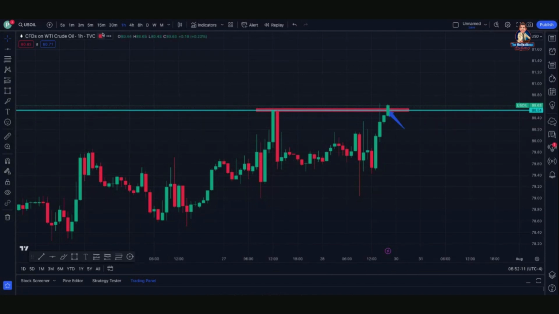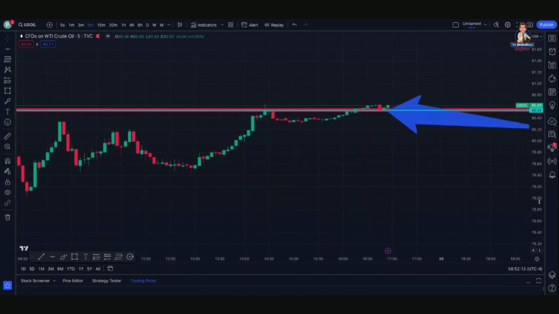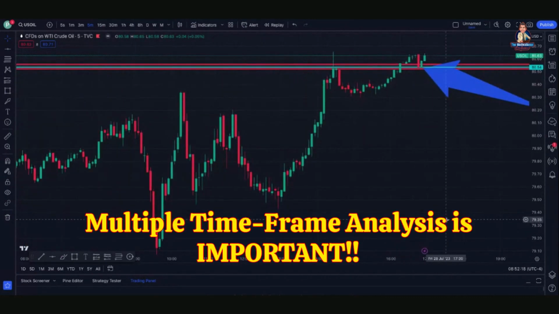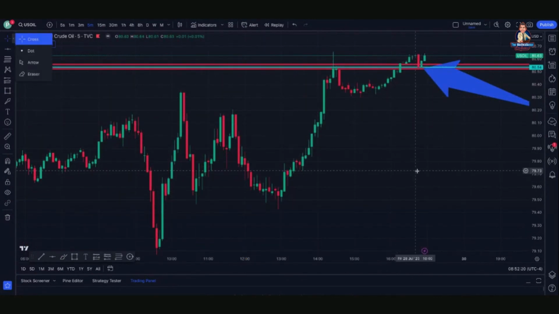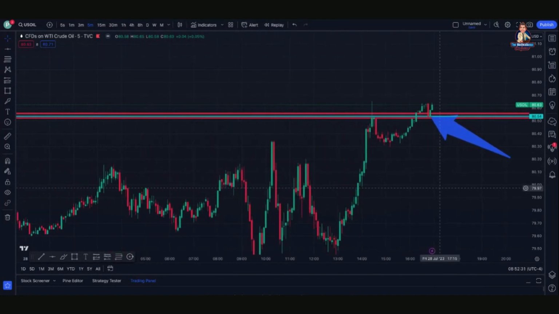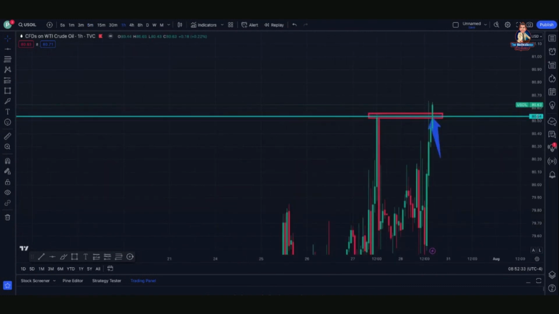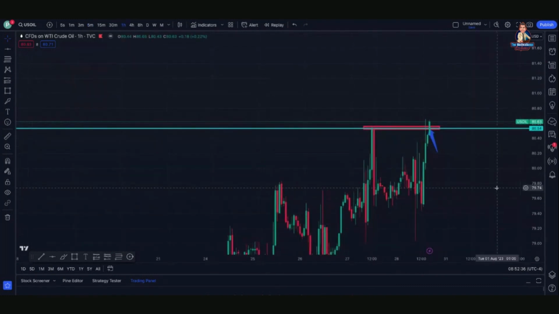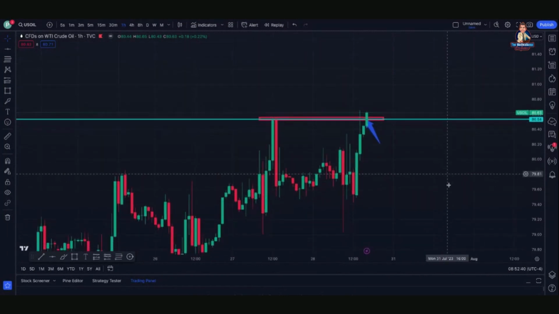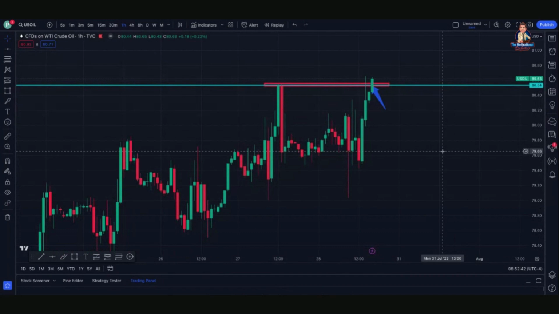And this is why it's important to do a multiple time frame analysis, because when we go over to the line chart, you can clearly see here that is where the retest of this area happened on that red bearish candle right there. So this is why we have to continue to look at the different time frames, but you should always look for entry opportunities at the lower time frame and not the higher time frame.